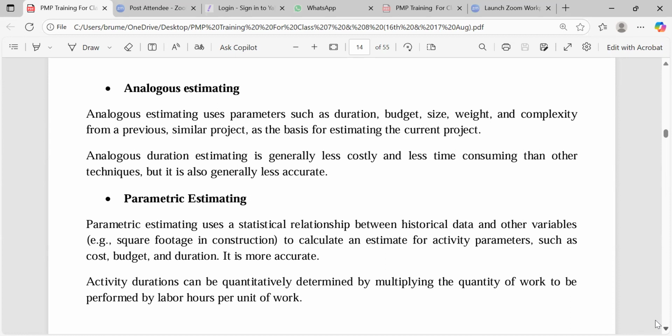You say, for that project, that activity took me 4 days, 4 hours, 15 days to get it done. I haven't looked at the scope of this one. I think it will take us 4 days or maybe 4 hours. That is analogous estimate, using parameters from a historical project, from historical knowledge to give an estimate of a thing. That's the word analogous estimate.